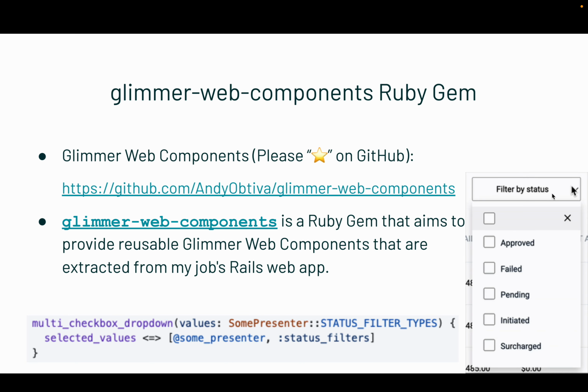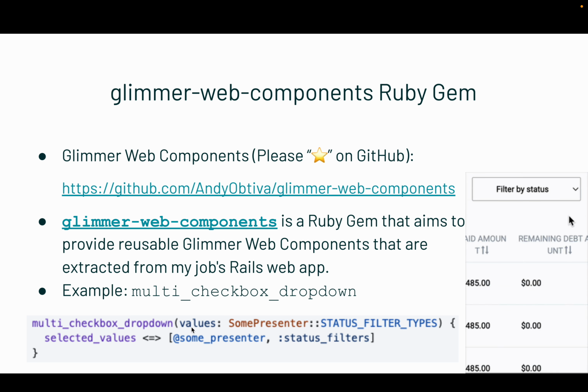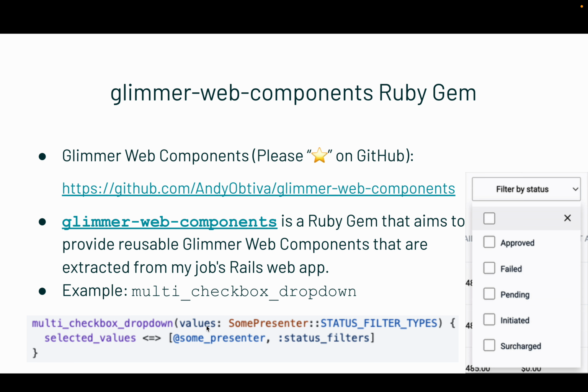This is the dropdown, I click it, it gives me statuses, and then I can select multiple statuses. Once it selects multiple statuses, it shows you here the names of all the statuses selected. They all get stored into this attribute, into values on the component, which is a custom attribute. And then I'm data binding it here to status filters on presenter. The presenter is basically a Ruby model. It can do anything with this data once it gets there.